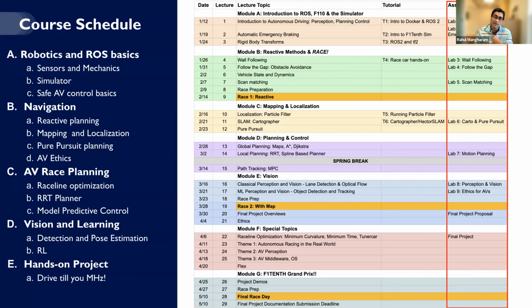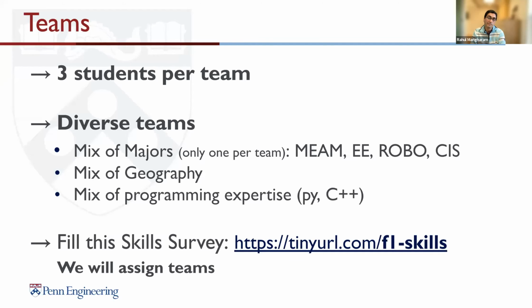Through the course, we will also not have any exams. We'll essentially have 3 races, and I'll come to that shortly. We'll all work in teams of 3 students per team, and there are 25 students, so one team will have 4 students, but that's fine.